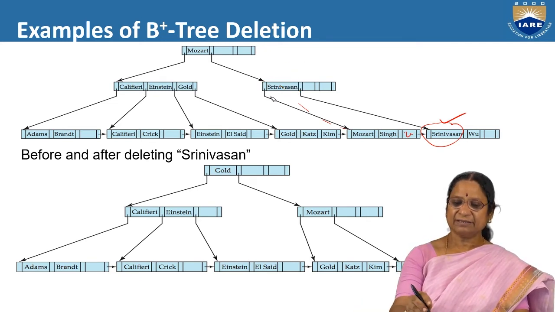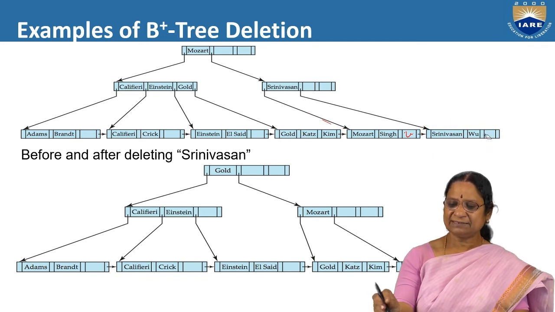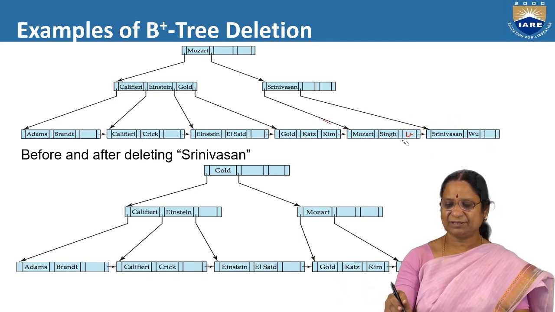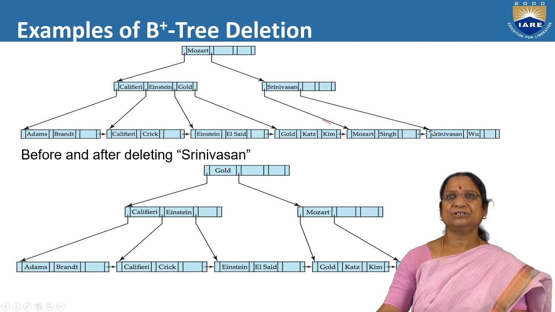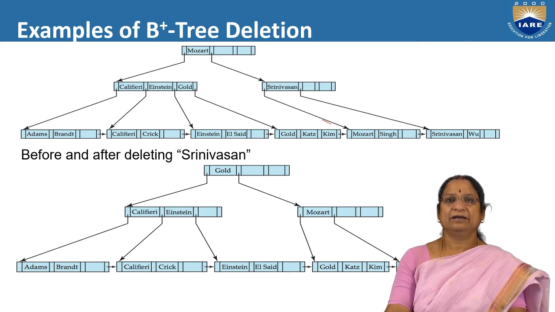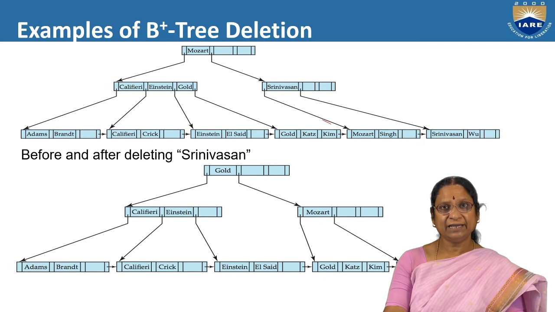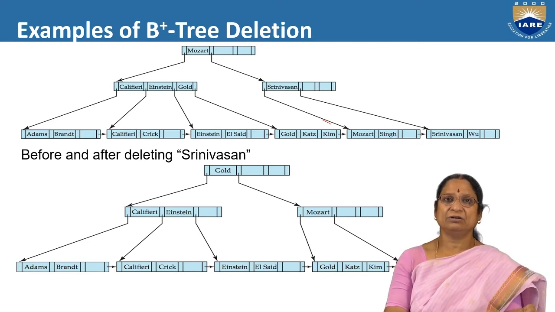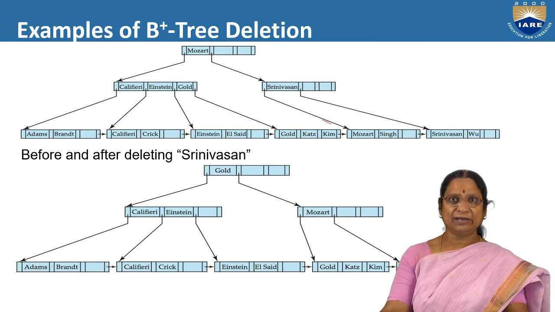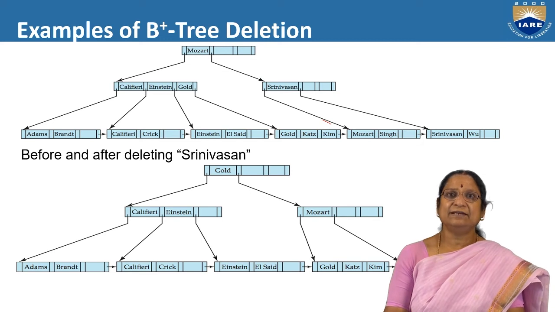So deletion may sometimes be simple, but various cases will be there. Deletion doesn't always leave the current structure of the B tree unchanged. Sometimes because of deletion, the entire node will be empty or less than 50% filled. In such a case, the deleted node must be sent back to free space.